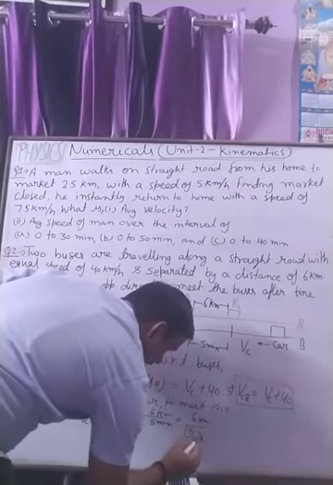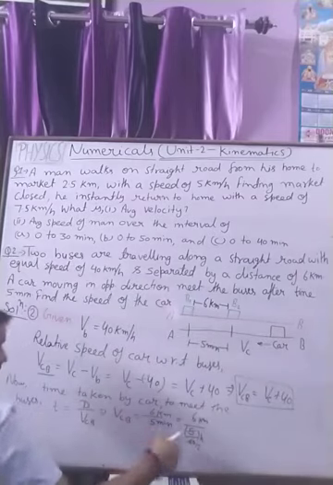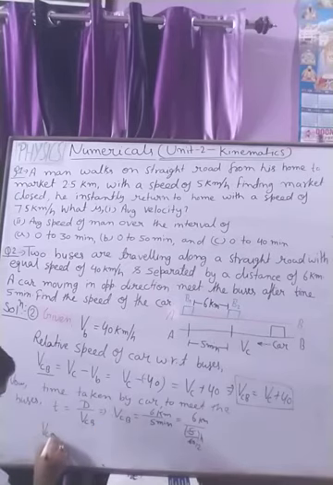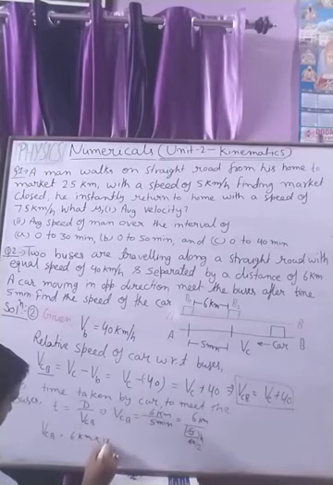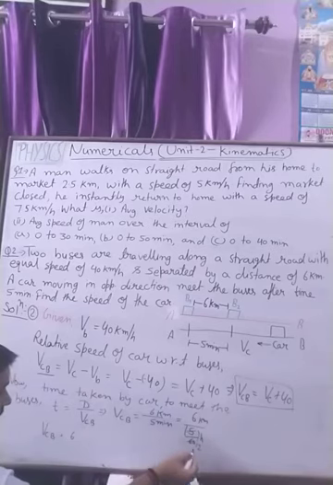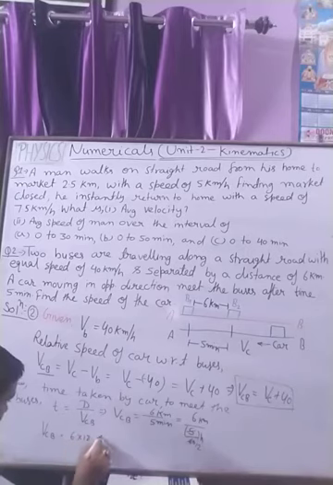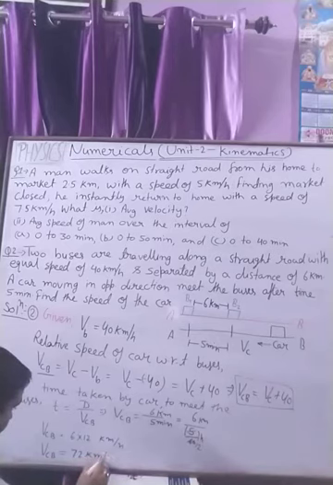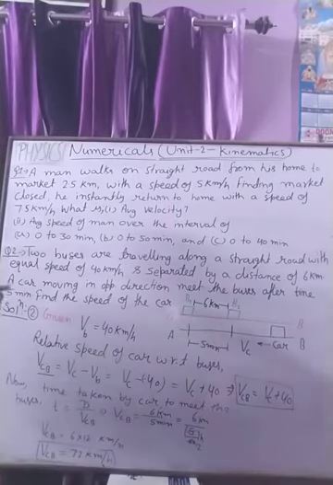Now this cancels by 12 times, or on solving we get VCB as 6 kilometer into 12, that is 6 into 12 kilometer per hour, so it is 72 kilometer per hour. This is the relative speed of the car with respect to the buses.